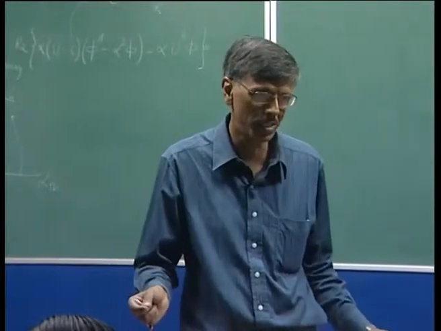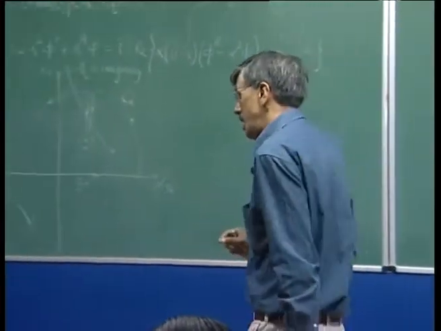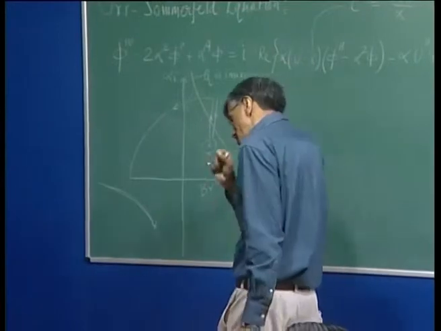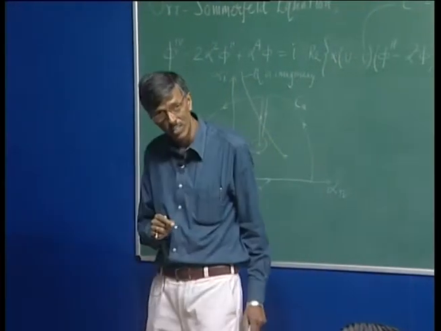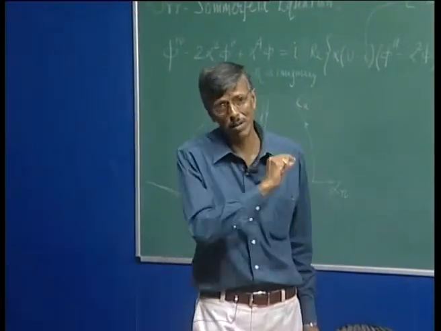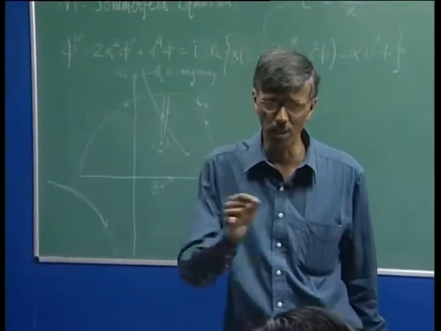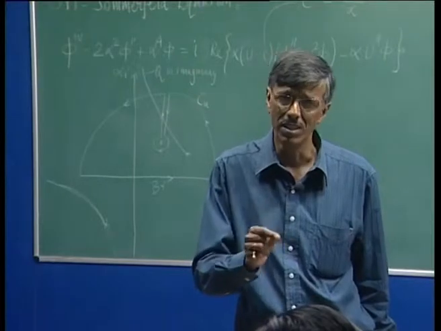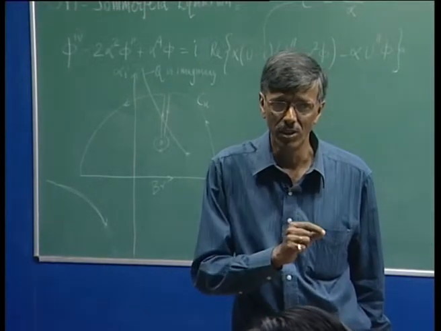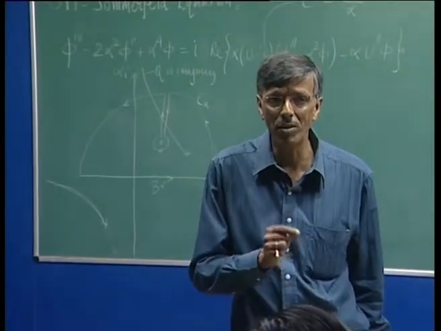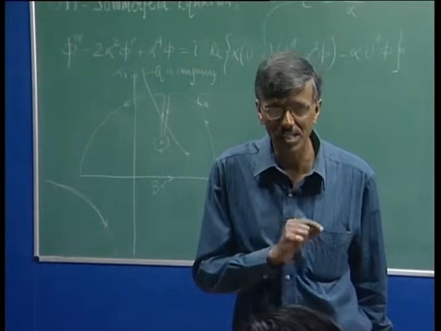In a singular perturbation theory, like the boundary layer theory itself, the highest derivative term is multiplied by the small parameter. And if we try to go through the regular perturbation theory analysis, we see that we are not able to satisfy all the necessary boundary conditions.